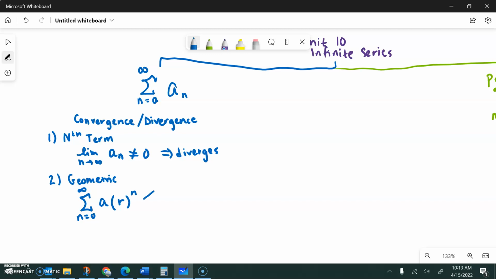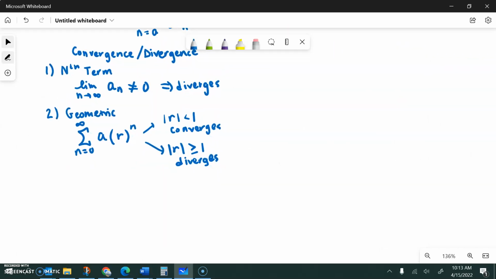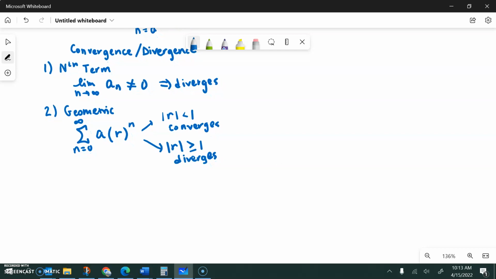This kind of series converges if the absolute value of r is less than 1. If the absolute value of r is greater than or equal to 1, then it diverges. The nice thing about geometric series is that we can not only tell whether our series converges or diverges, we can tell what it converges to. So the sum would be a over 1 minus r for a geometric series, as long as the series converges.